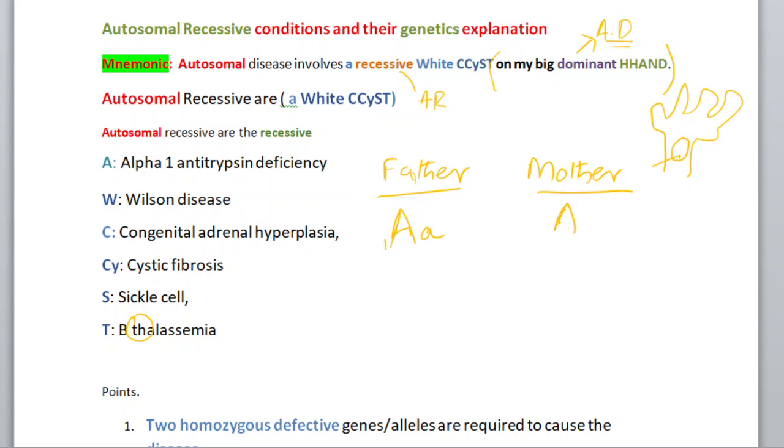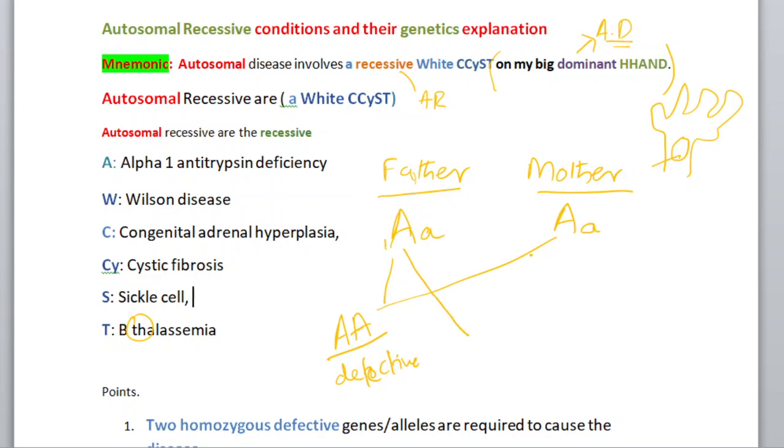Suppose a mother also has a defective gene and a normal gene. Whenever two capital letters combine and are transferred to their child, the child will be defective or abnormal.